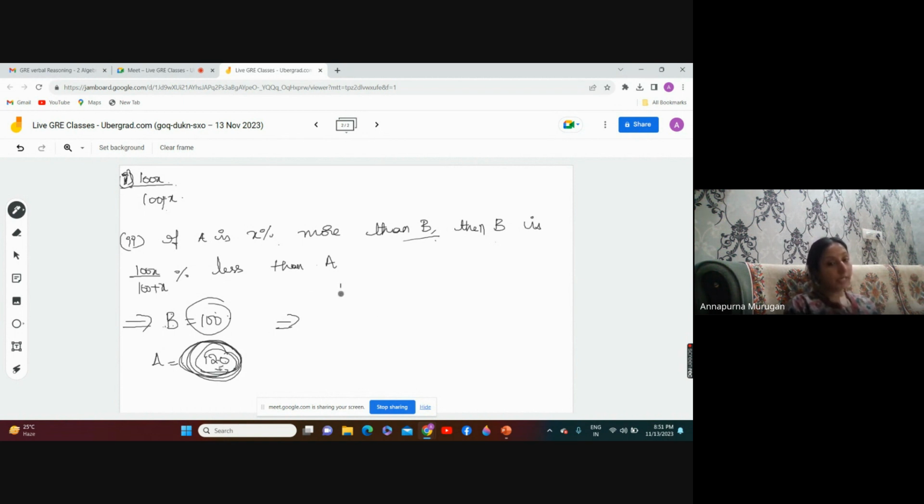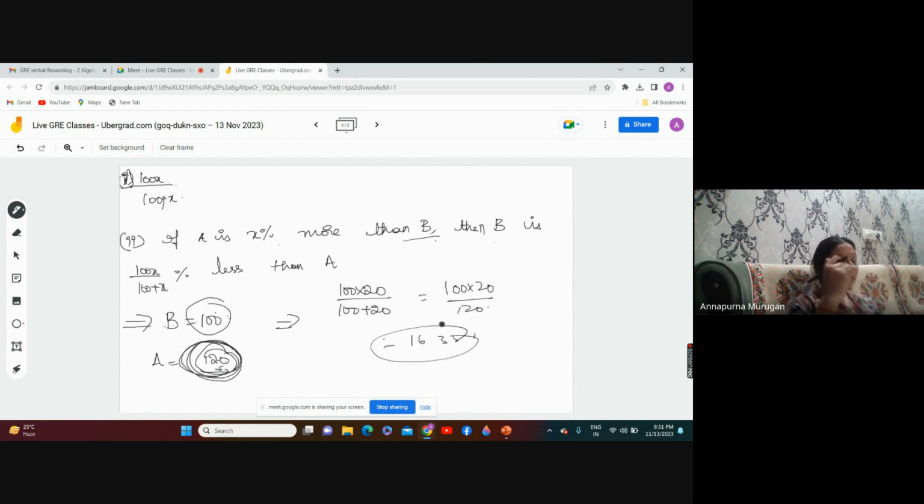If you take 100 times 20 divided by 100 plus 20, so 100 into 20 divided by 120, you will get the answer around 16.333%.